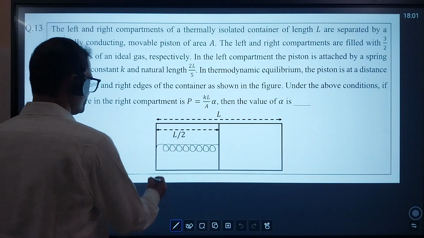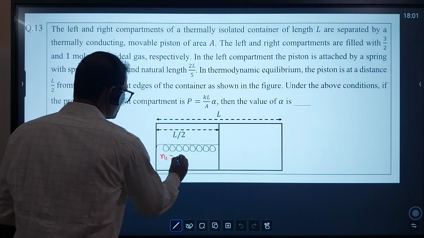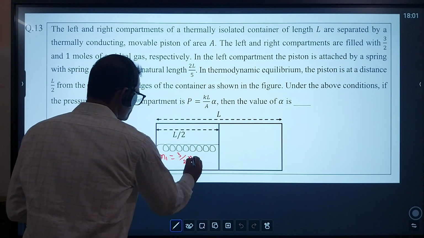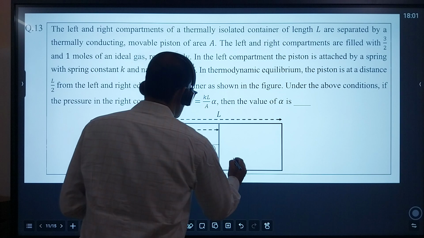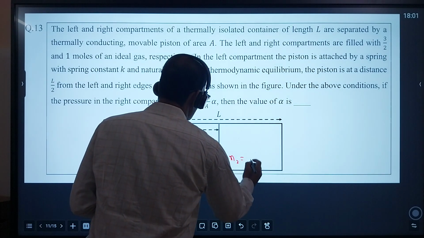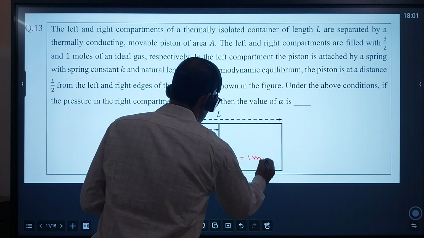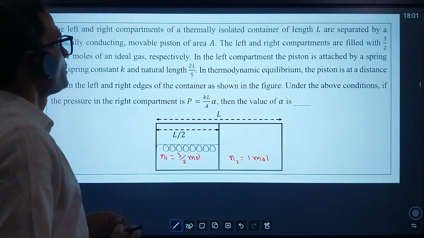So on this side N1 is 3 by 2 mole and N2 is 1 mole, left and right.